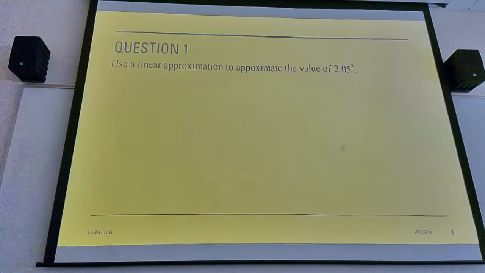What kind of function does that look like? Power function, specifically squared. Let's say f of x is x squared.